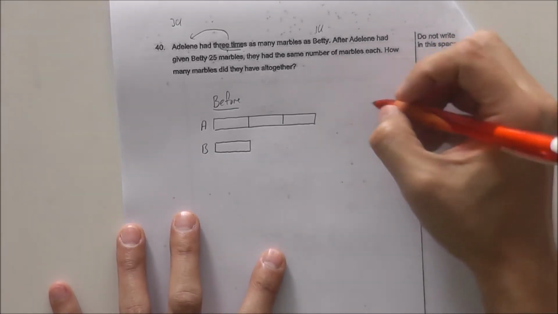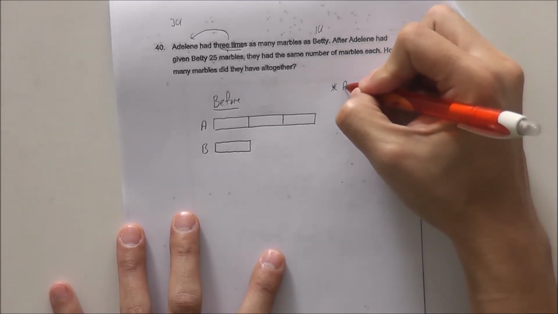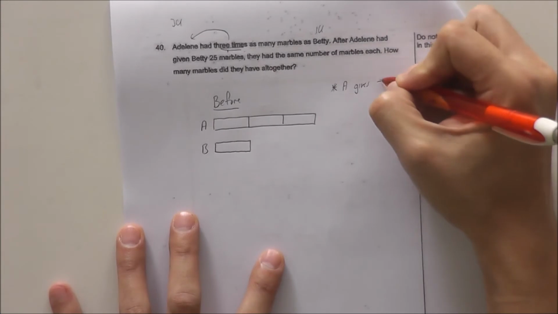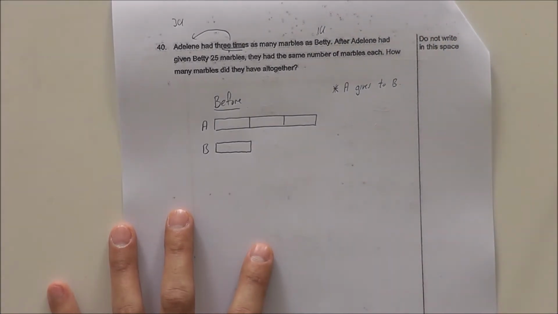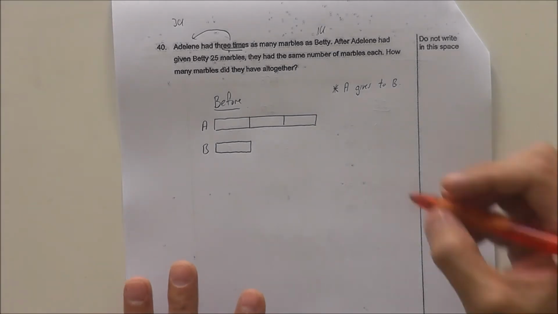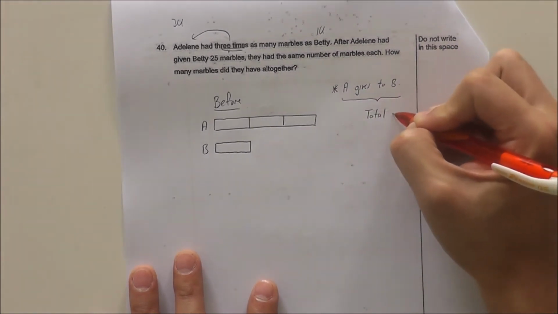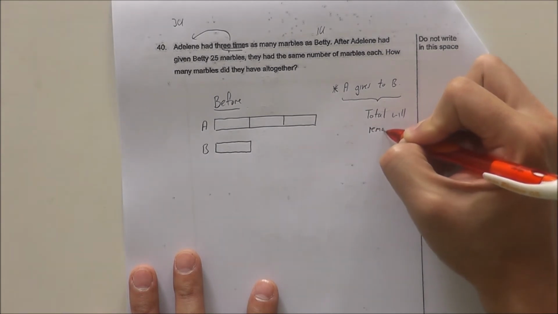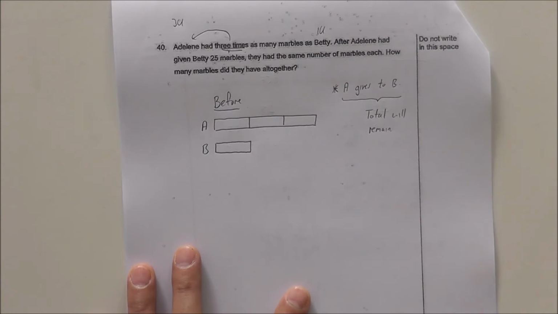So guys, can you please take note, this is the type of question when A gives to B. Whenever there are two persons in this group, and there's only a movement from A to B or from B to A, there is something that will stay constant. The total will remain constant.